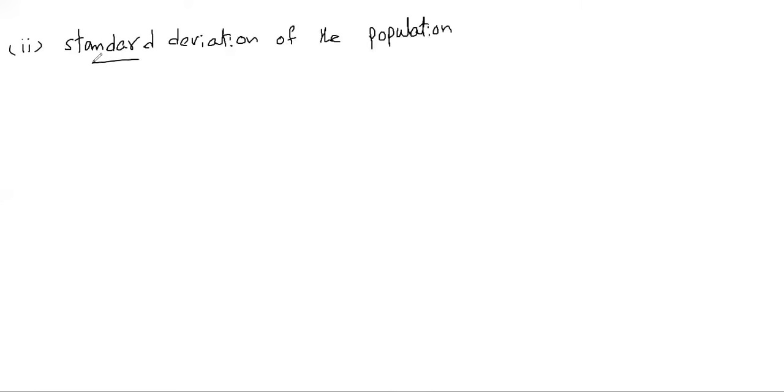To find the standard deviation, we first need to find the variance. From the variance we can go for the standard deviation. So now I am finding the variance of the population.